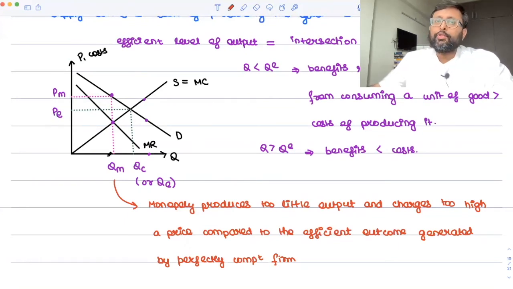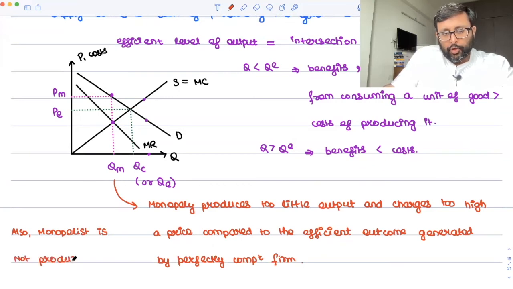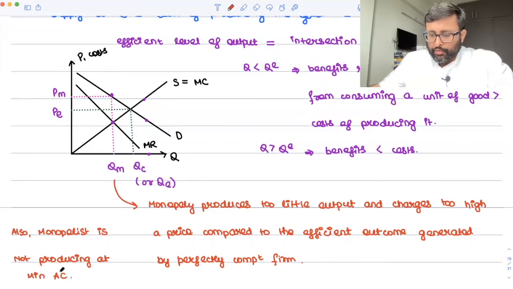Also, monopolist is not producing at the minimum of average cost, right? So also, monopolist is not producing at minimum of average cost, right?